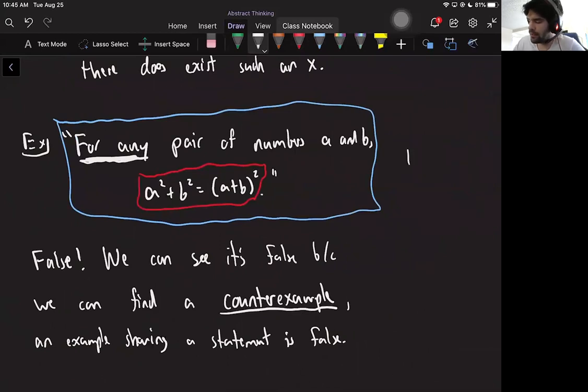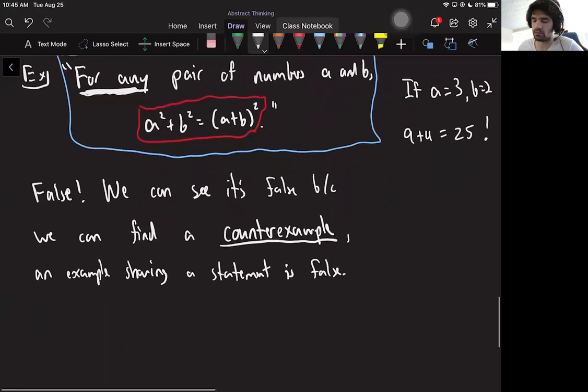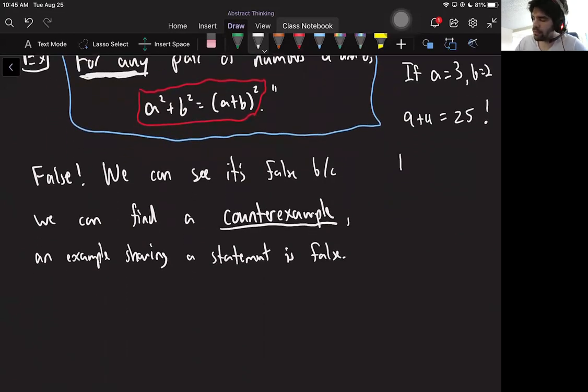Okay, so like if A equals 3 and B is 2, then I get 9 plus 4 equals 25. So that's my counterexample. And so that shows that this doesn't always work.